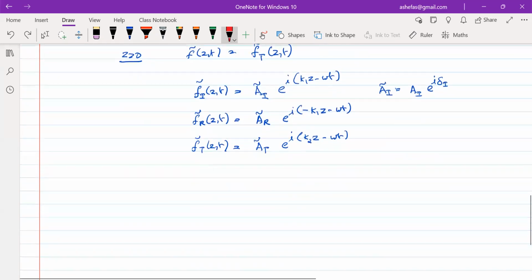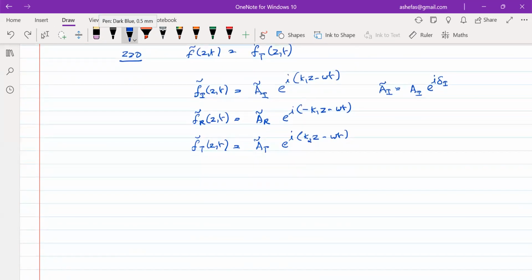Now therefore we can have this relation. We know that the speed of the wave in the first string, v1, can be written as f times lambda 1, and the speed of the wave in the second string is f times lambda 2. If you take the ratio between these two, v1 by v2 is simply equal to lambda 1 by lambda 2.